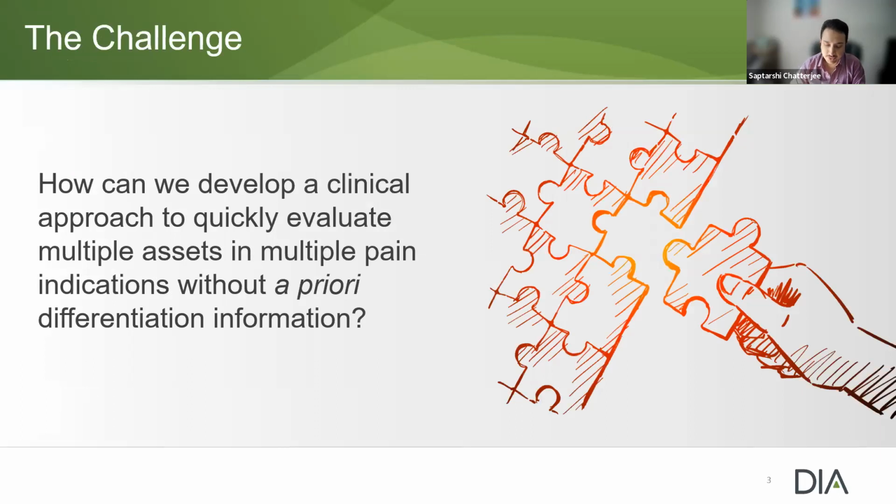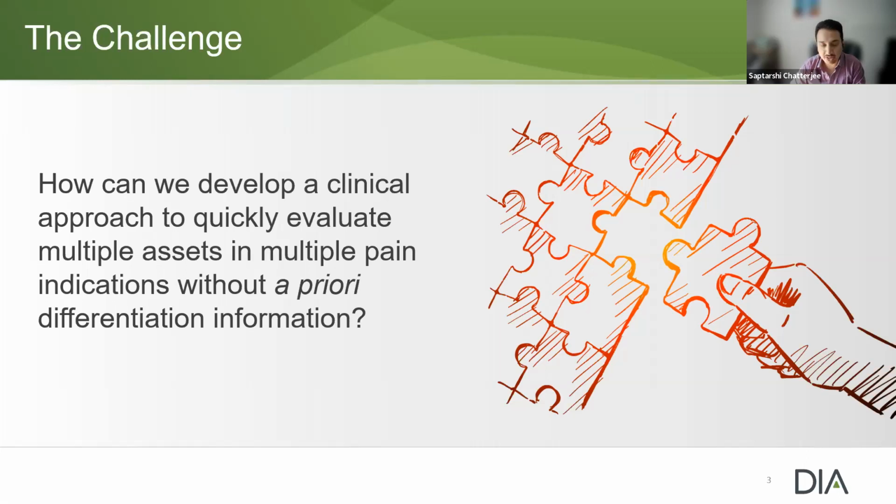So just to give a brief idea of where it all started. A few years back, we were challenged with this question by some thought leaders: how can we develop a framework or some kind of clinical approach to quickly evaluate multiple assets in multiple indications or disease types, where we don't have any a priori information on which asset would work better or worse in the pain indication?